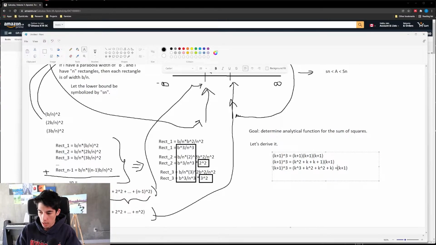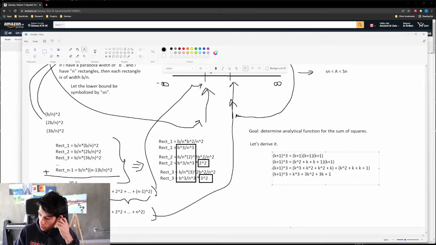And then we add that to 1 by k squared, which is k squared, and then plus k plus 1. Simplifying is k cubed plus 3k squared plus 3k plus 1.